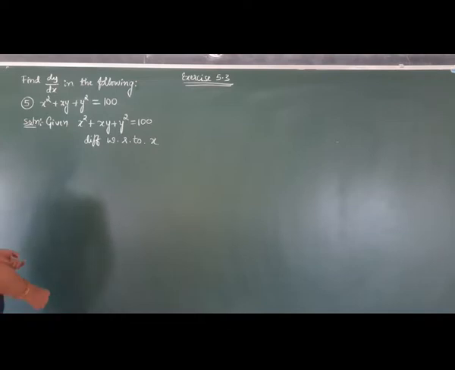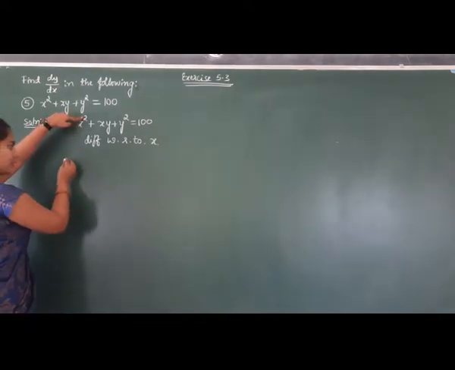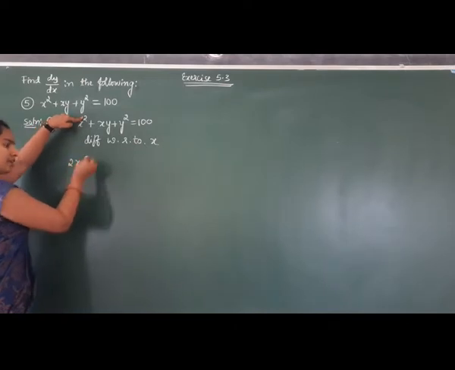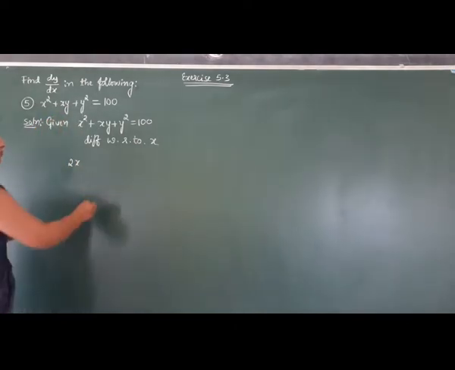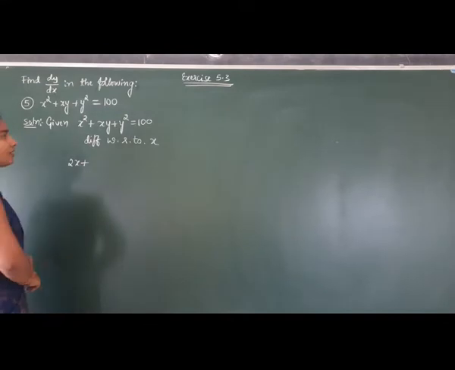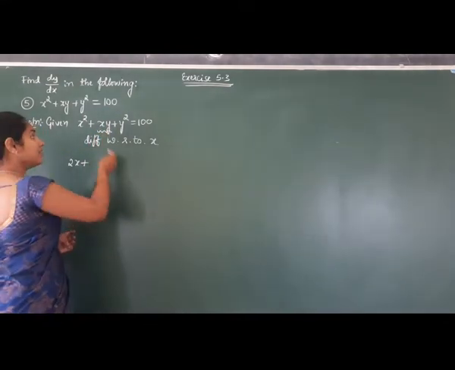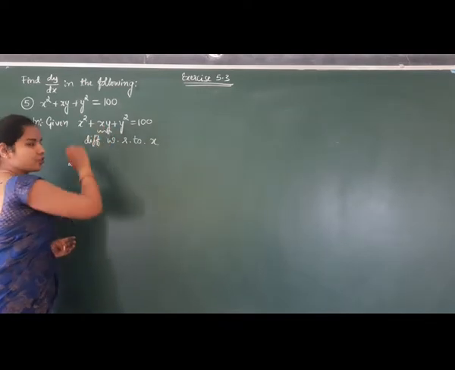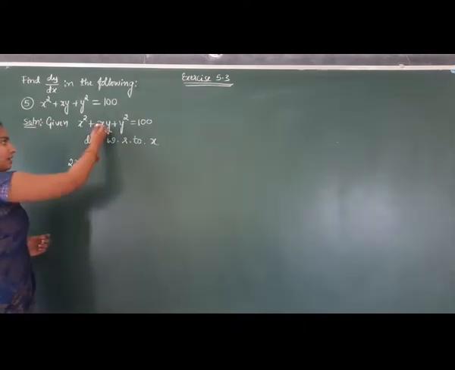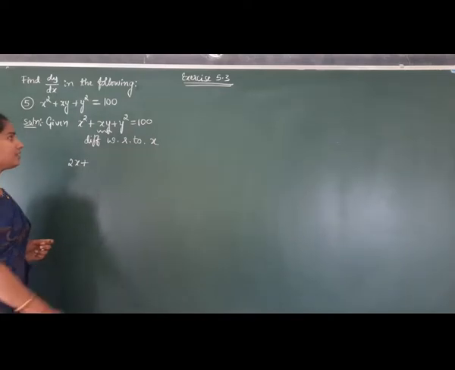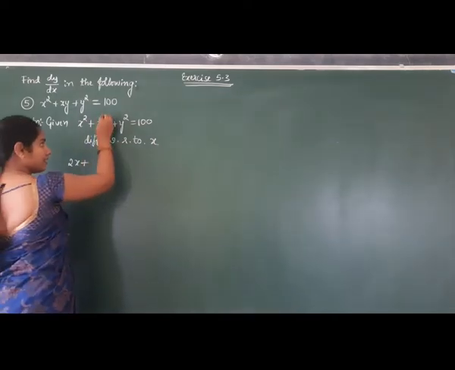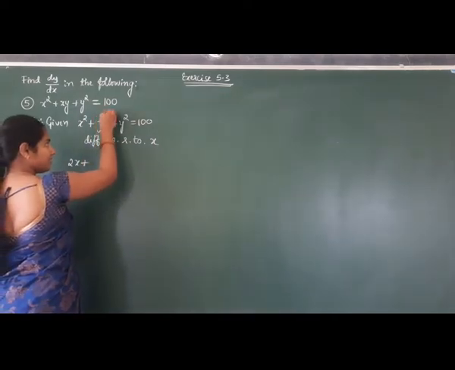So then we have, so observe here derivative of x square with respect to x is 2x, plus so xy is there. So I will apply the product rule here. So take this as u and this as v.